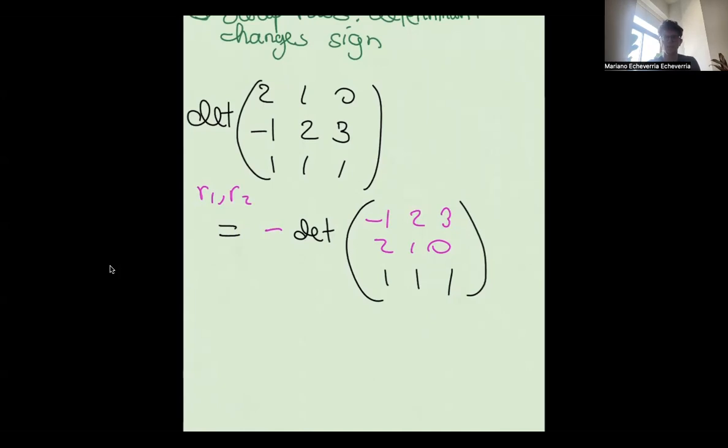Is that making sense? So again, there's not too much to say about this property, but swapping rows does give a minus sign. So let me just check quickly if there was something else I wanted to say here.